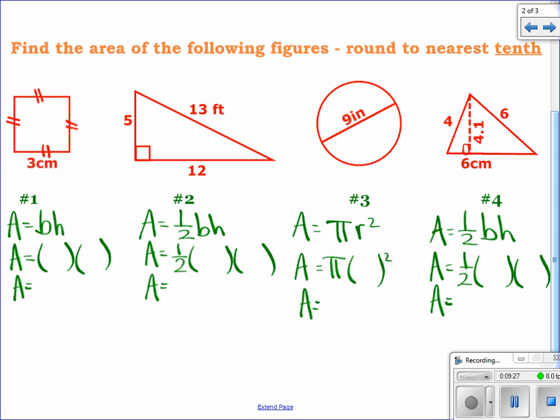But to get full credit, I need to see the work, which is a change for some of you from last year. So your work should match what I have up here so far. I don't have the numbers put in yet, but I have it all set up to get the correct answers.